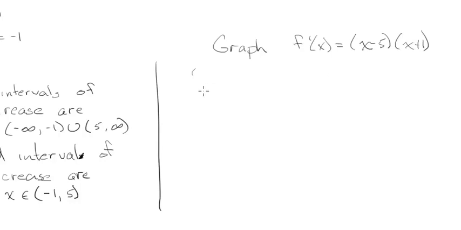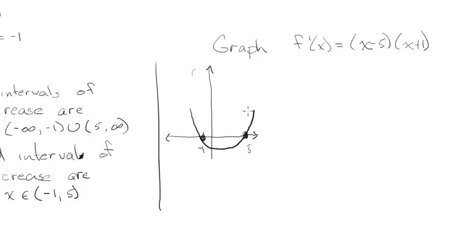If I were to sketch a graph of this, by sketch I mean a very rough sketch. You don't even need a scale really. I just need the intercepts, which we figured out were -1 and 5, and then it's a parabola opening up, so it would look like this.